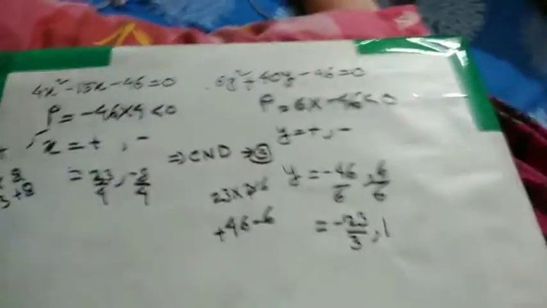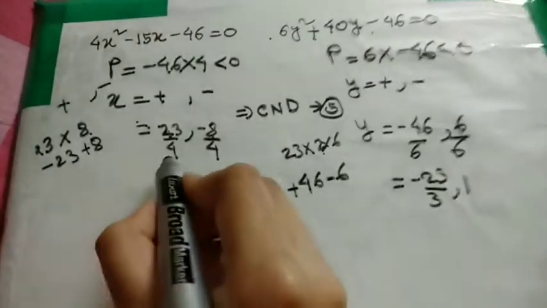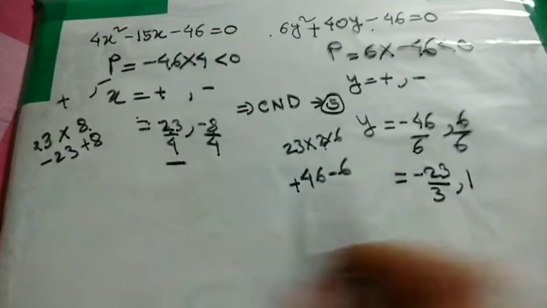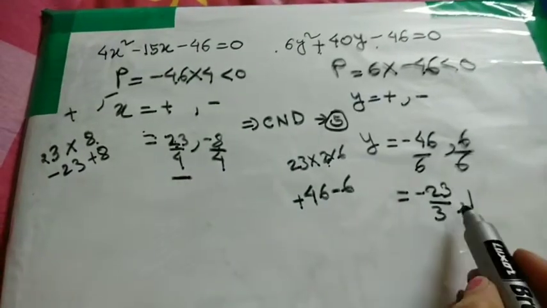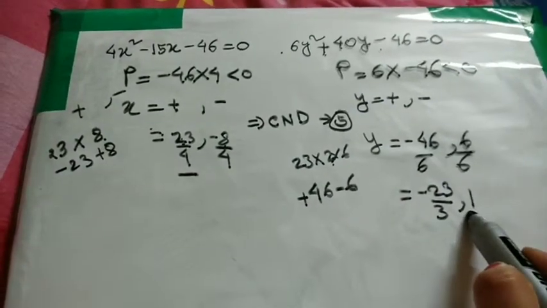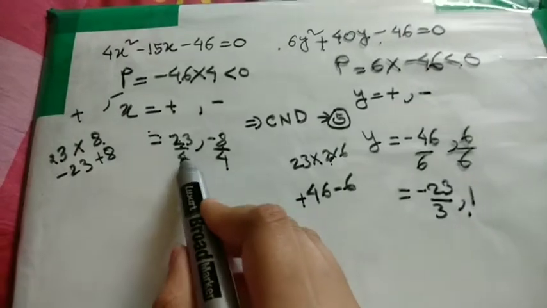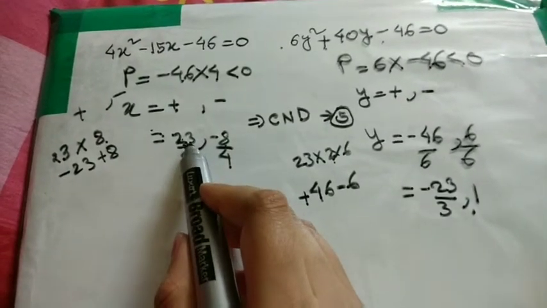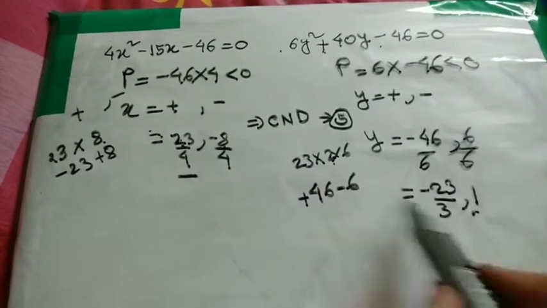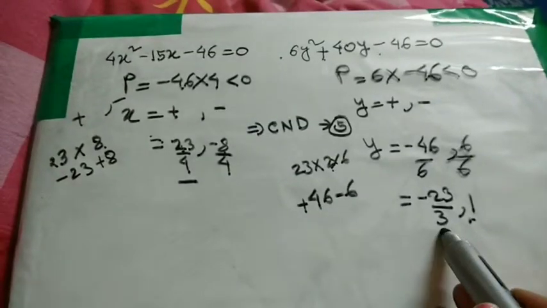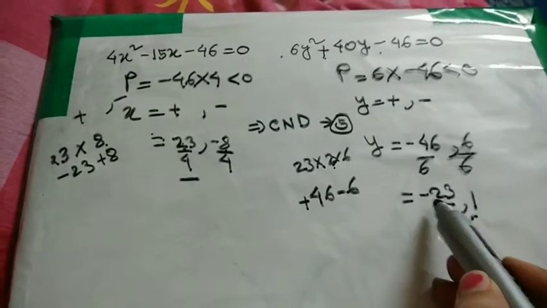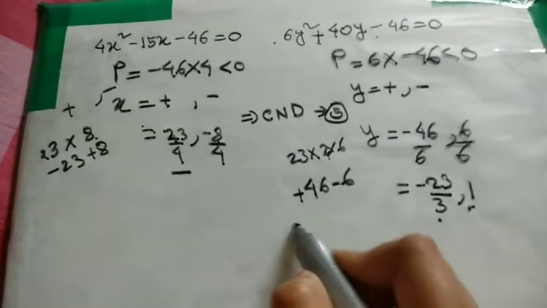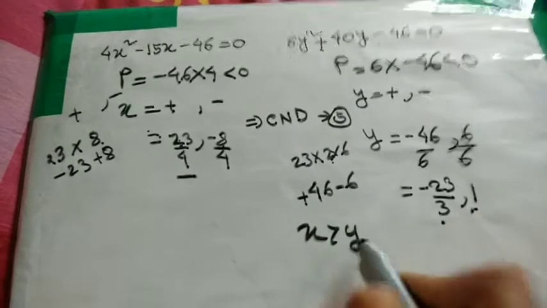Now let us compare. If we take x equals 23 by 4, it is greater than 1, we can say, because 4 fives are 20, which is greater than 1, and also it is greater than this, it is minus, so it is also greater than y. So x is greater than y comes over here.